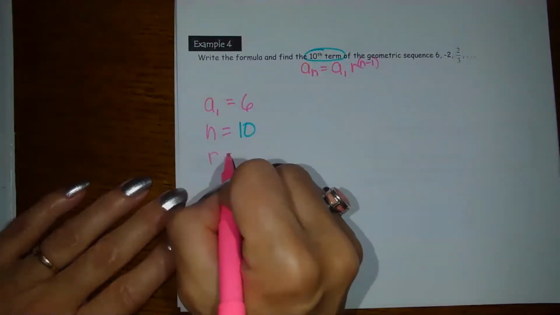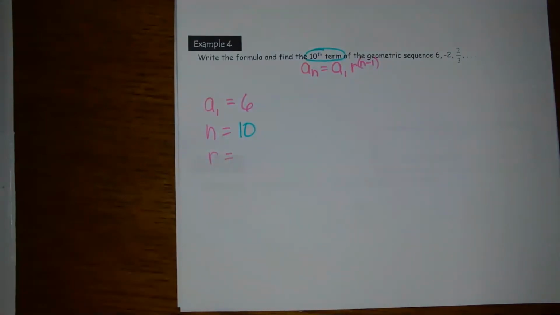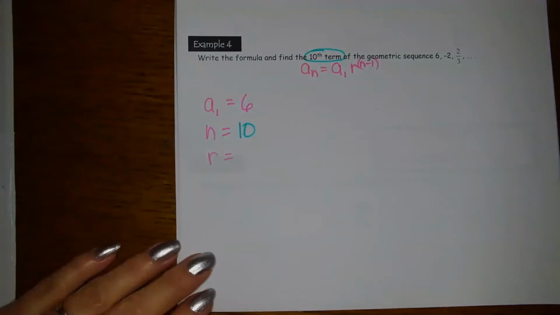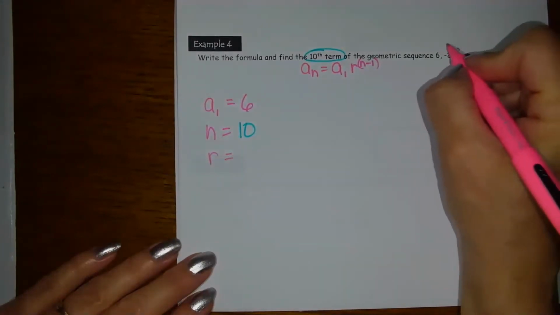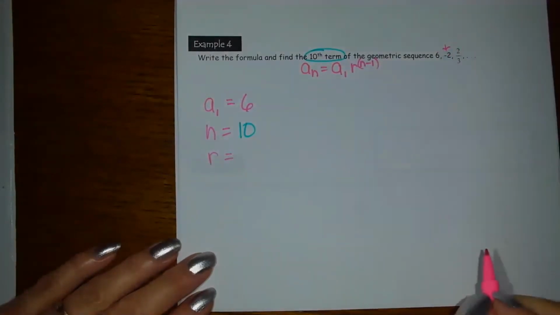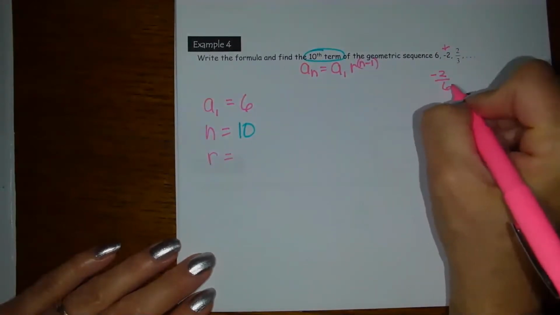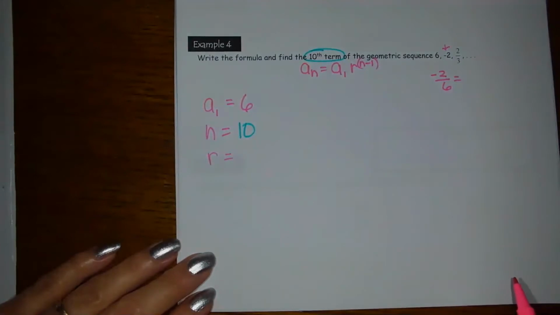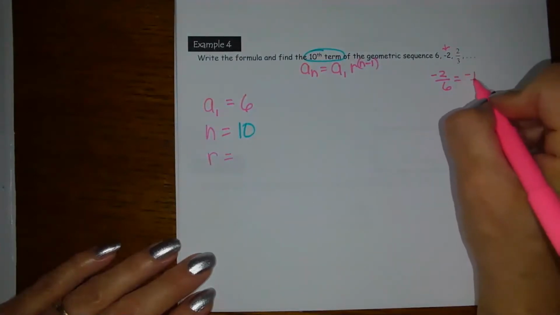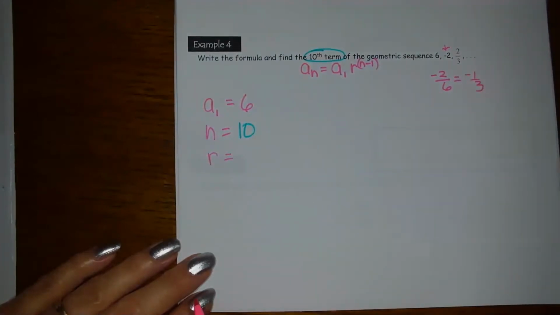Can you figure out r? What do you multiply 6 by to get -2? Just remember, take a number and divide by the number before it to figure out r. So that's -2 divided by 6, which is what? -1/3, right?